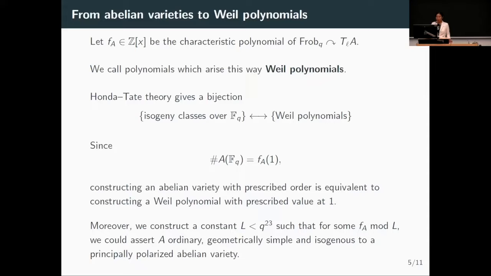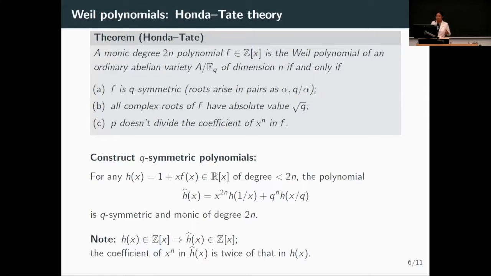Okay, so now we can discuss what kind of polynomials are the ones we want, right? Again, it just follows from Honda-Tate theory. It says that a monic degree 2n polynomial with integer coefficients is a Weil polynomial if it satisfies the following conditions. First of all, f needs to be what we call q-symmetric, which means that all of its roots show up in pairs.